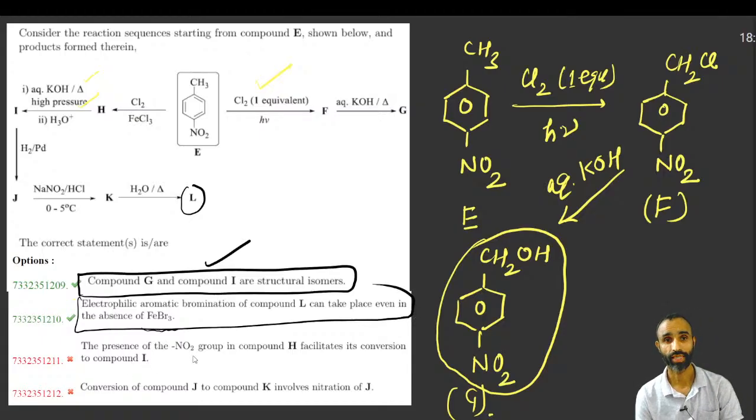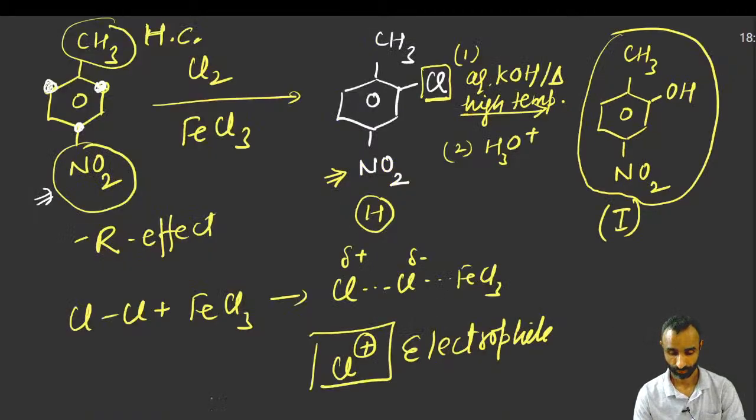Next is presence of NO2 group in compound H facilitates the conversion to I. NO2 in H. It facilitates the reaction, right?